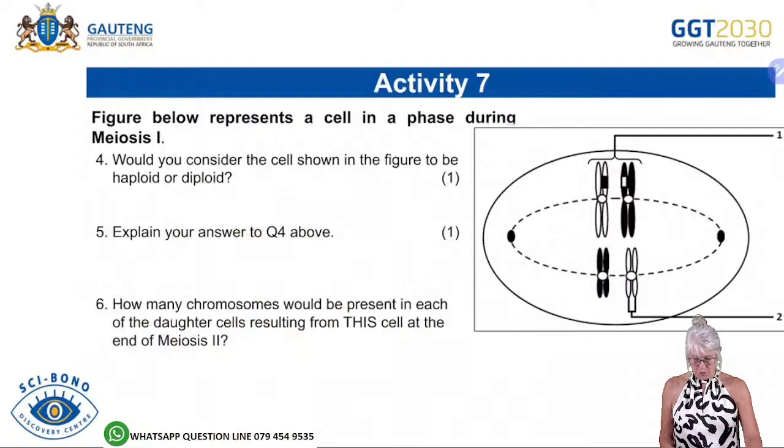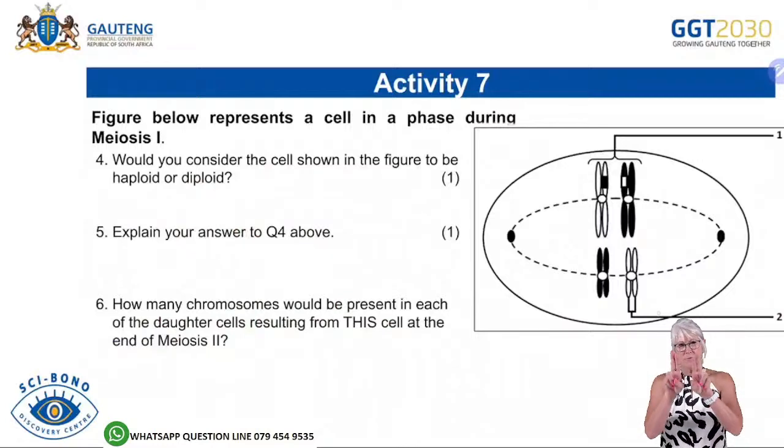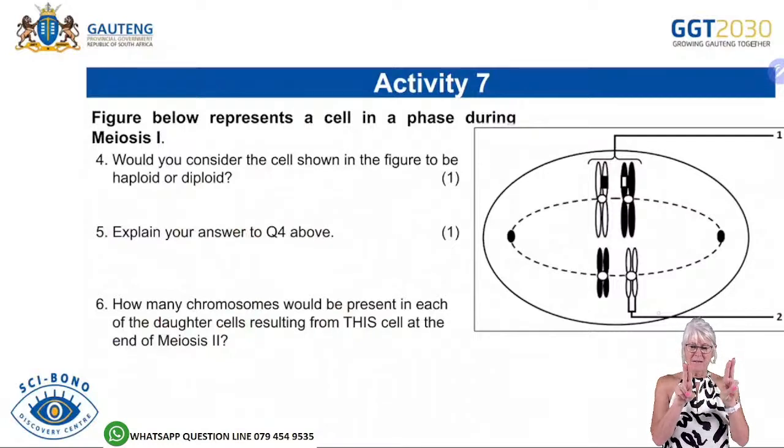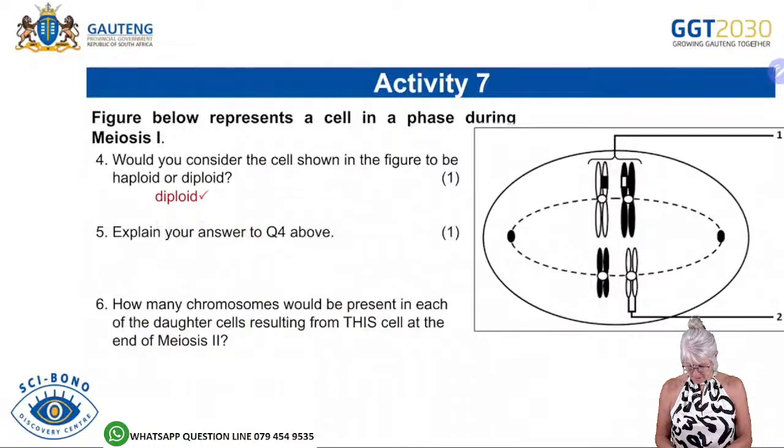And then they say, would you consider the cell shown in the figure to be haploid or diploid? As soon as I've got pairs of chromosomes, it's not haploid, because I've got 2 of each. I don't only have 1 chromosome, I've got 2, and that means they would be diploid. Explain your answer. Because there are still homologous chromosomes there, the chromosomes are still occurring in pairs, and therefore it is a diploid cell.